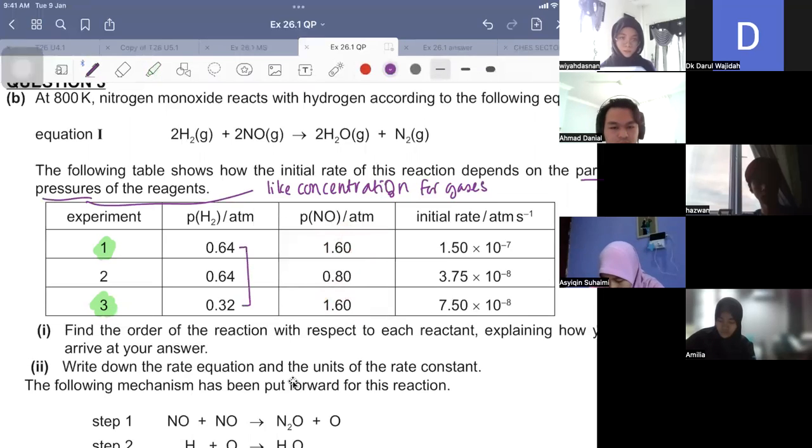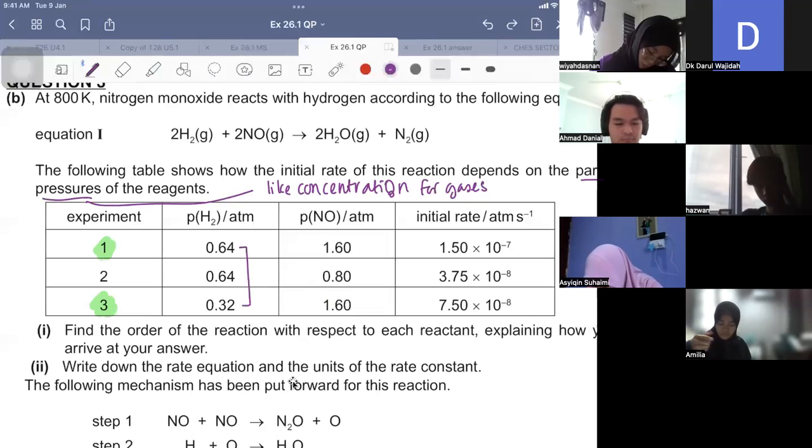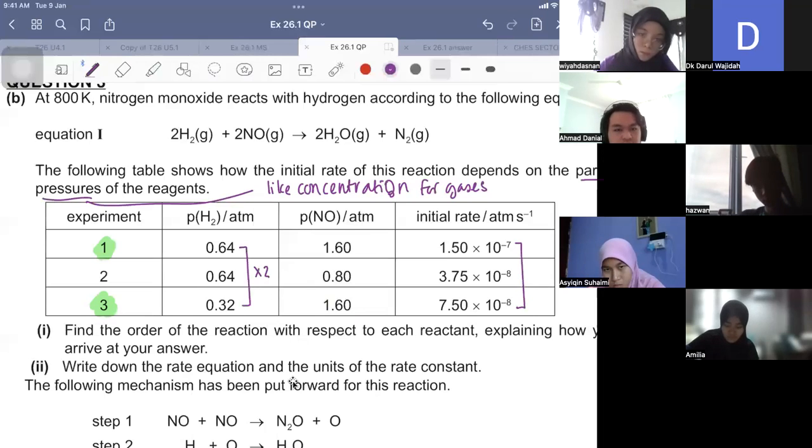So always take the bigger number. Sorry, 1 and 6. Nitrogen monoxide, no change. Take the bigger number divided by the smaller number, and that is an increase of 2. The rate: 1.5 times 10 to the power of minus 7 divided by 7.5 times 10 to the power of minus 8.